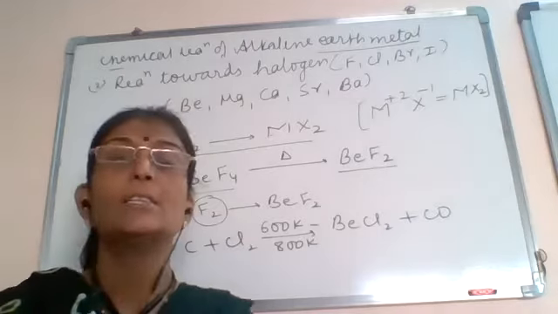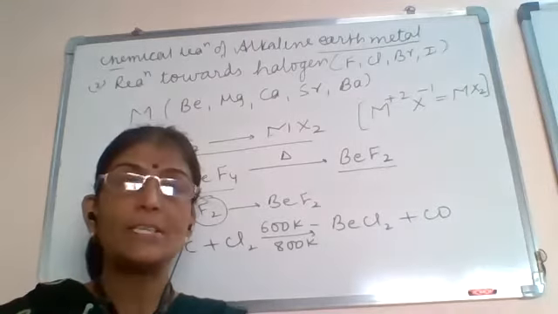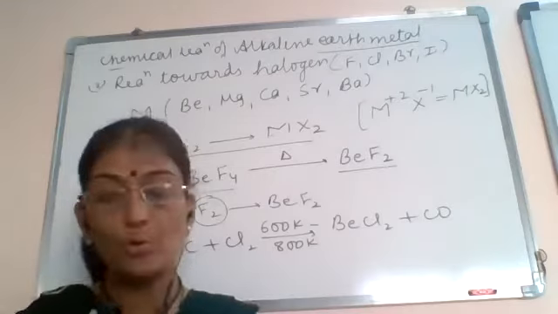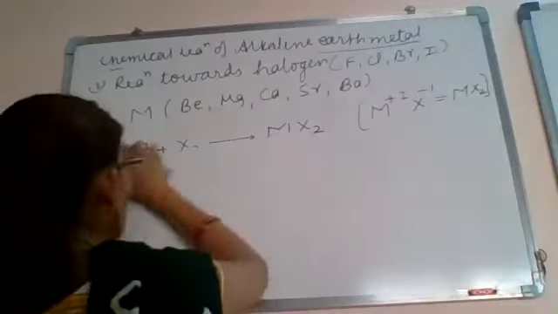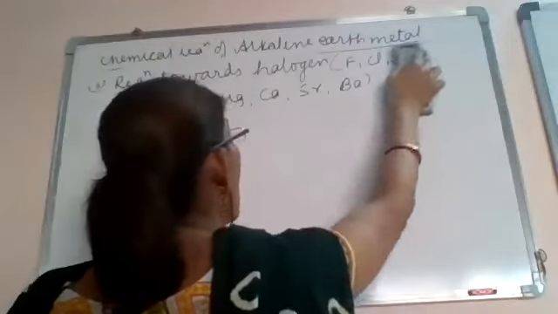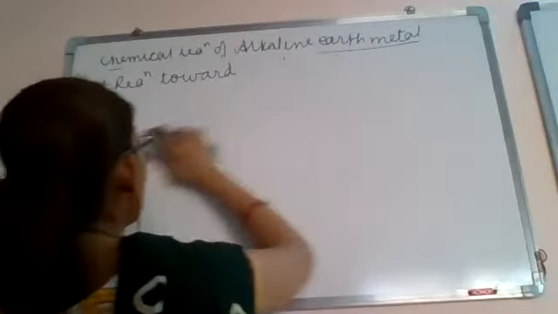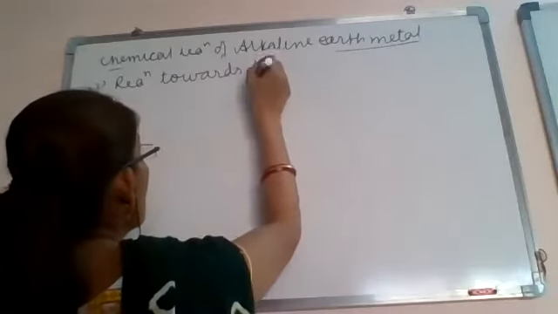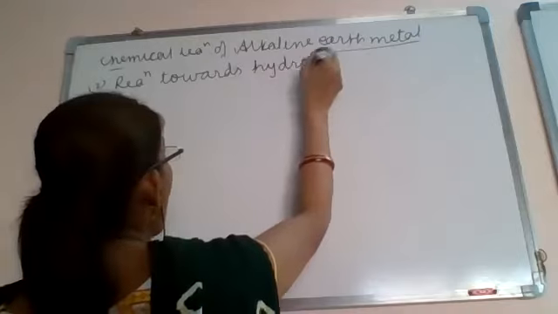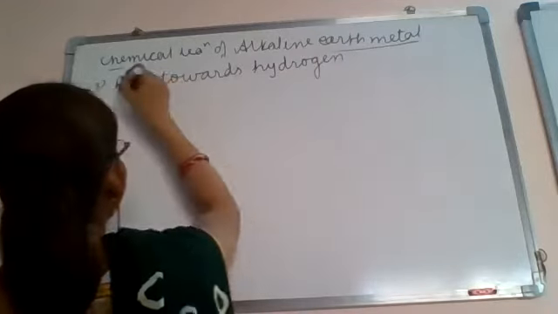Now next, third reaction लिखो, reactivity या reaction towards hydrogen. Two reactions we had done, reactivity with air and reactivity with halogen. Now third is reactivity या reaction towards hydrogen.